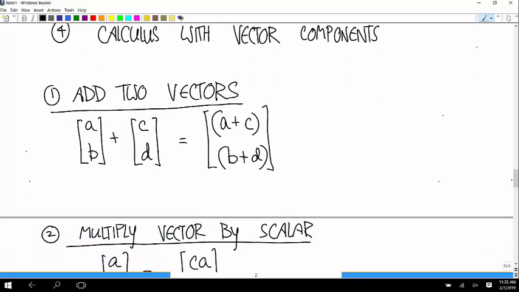When we look at this definition, does the order of these two vectors matter? What if we had added CD plus AB? Would that change the answer? No, because for each component, it's just regular addition, and we know order doesn't matter for addition. So the order of vector addition doesn't matter.